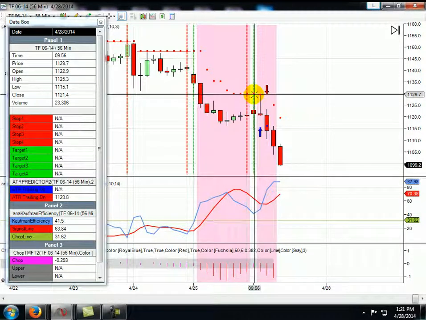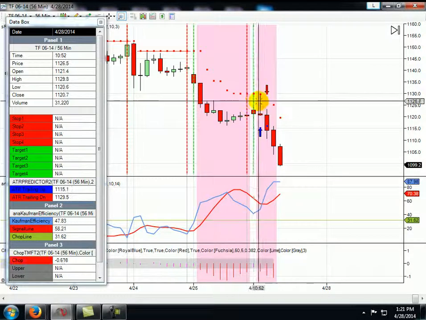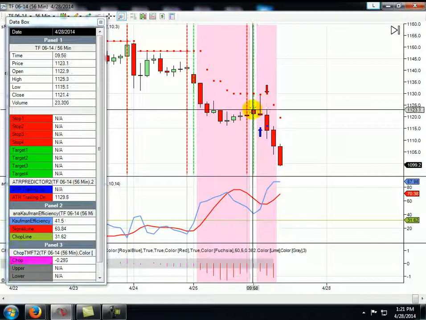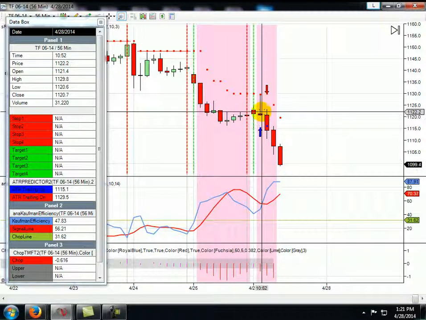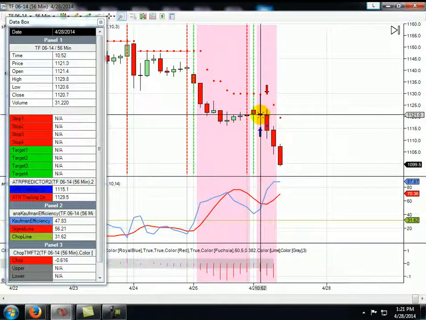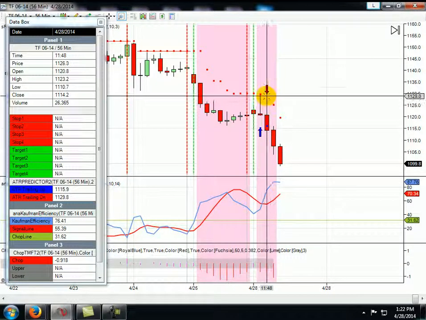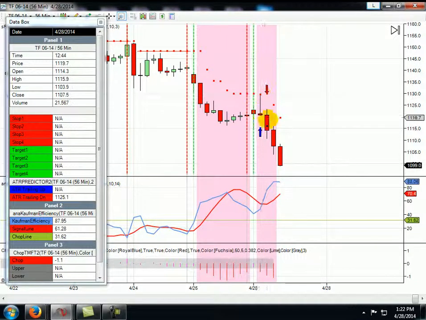Say here on the open, we're getting a short signal, so we stick with that. We would take a short here. It looks like we would have had an enormous drawdown here. Let's see, 1121 to 1129, about $850, $870 drawdown, but we were still in the trade.